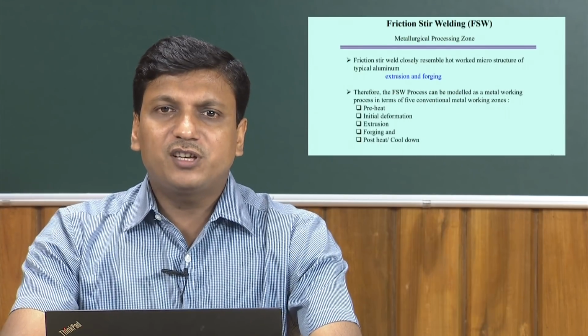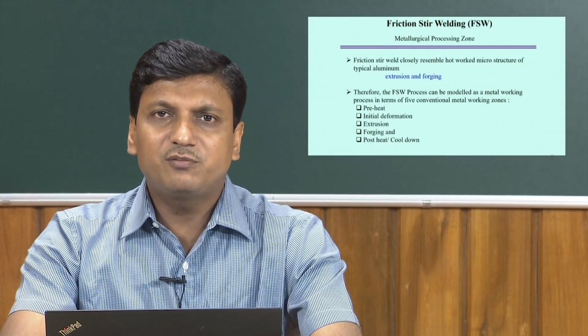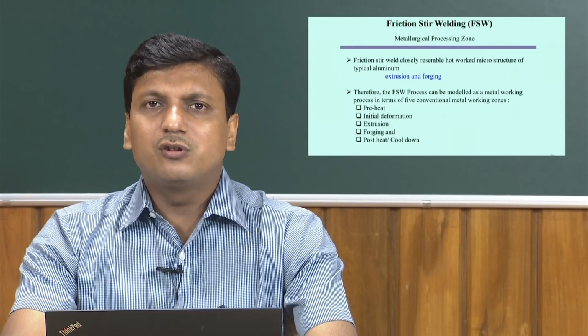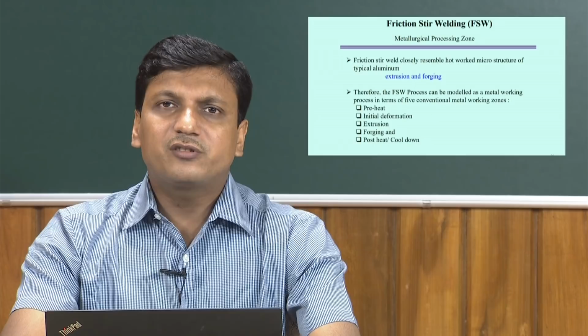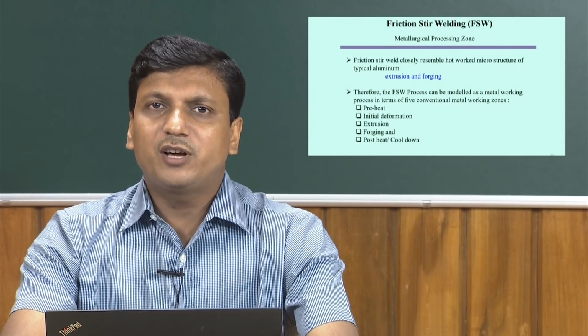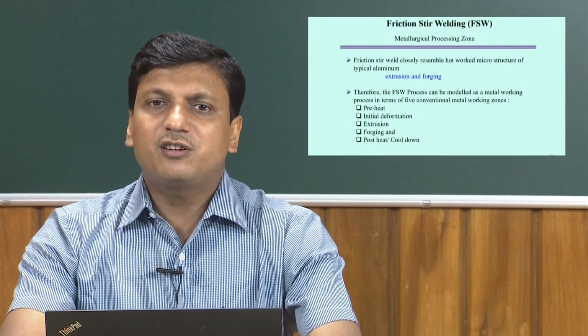But apart from this time phase, we can also divide the friction stir welding process into different metallurgical processing zones. This will be more clarified if we look into the actual microstructure or macrograph of the friction stir welded sample.